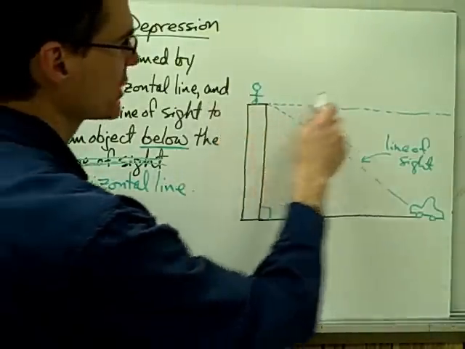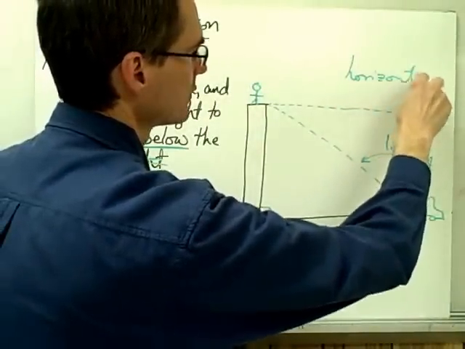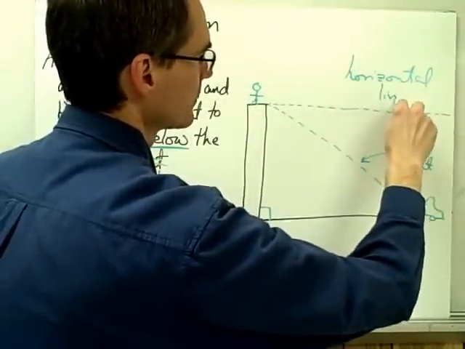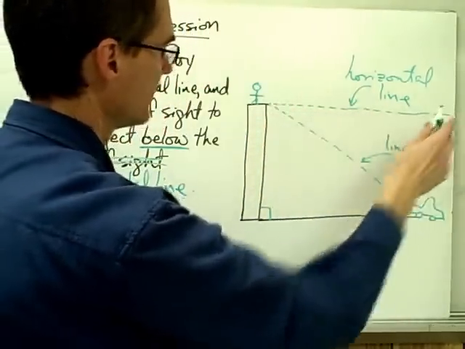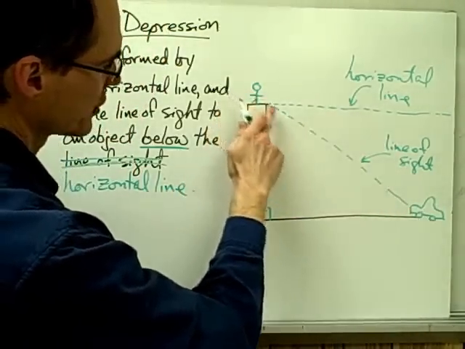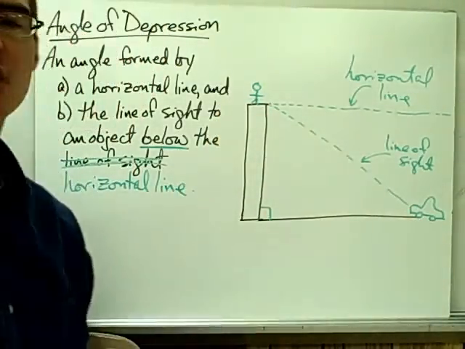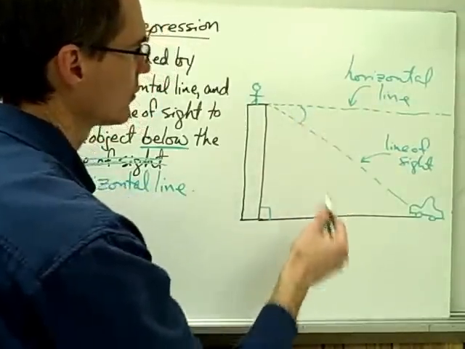So my angle of depression, here's my horizontal line. It's this imaginary horizontal line up here. My line of sight is this line right here from the observer looking down at the car. So my angle of depression is this angle right here.